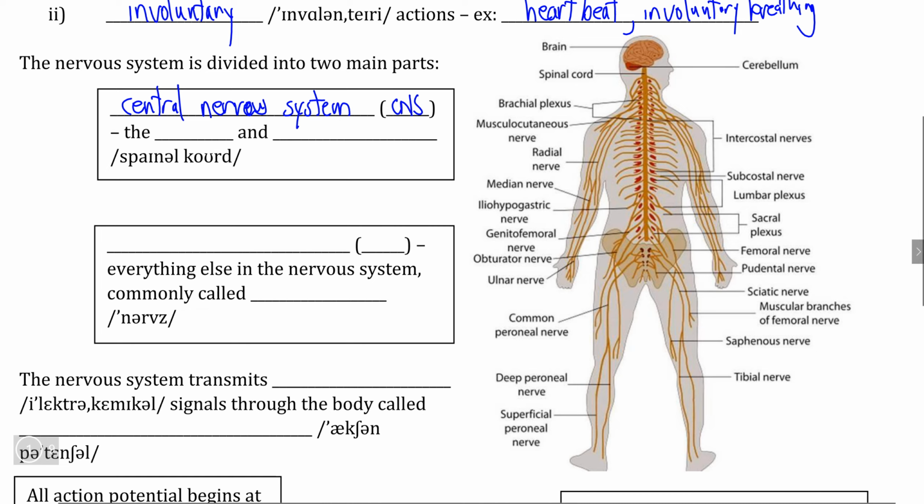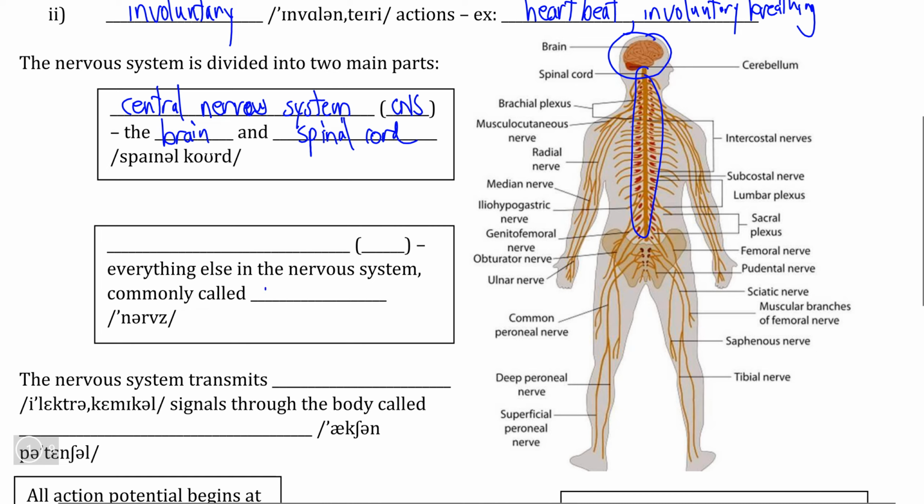The central nervous system is made of the two most important parts of the nervous system, the first of which, and most important, obviously, is the brain, but also the connective nerves that are used to connect the brain to the rest of the body, and that, of course, is what we call the spinal cord.